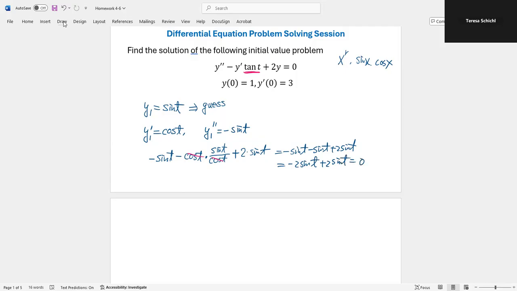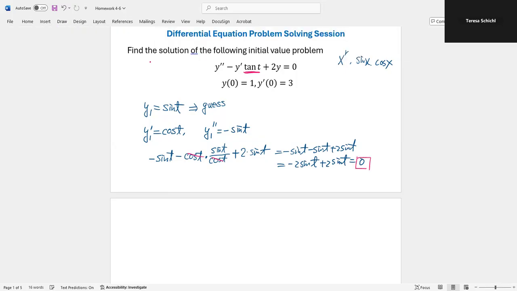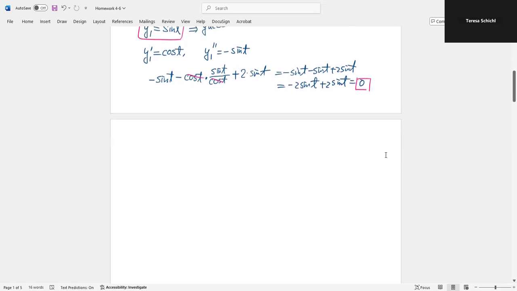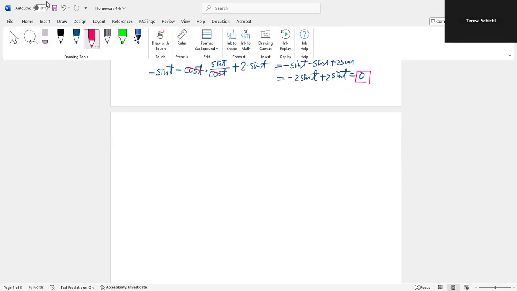That is great, right? Because it's equal to 0, I know it satisfies this differential equation. So I know my y1, sine t, is a good guess. Okay, so now we can continue to try to find our second solution.